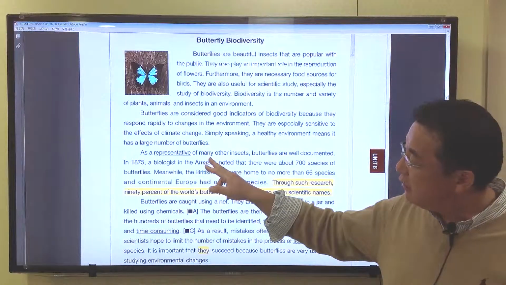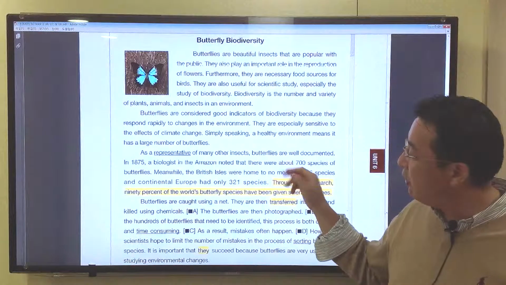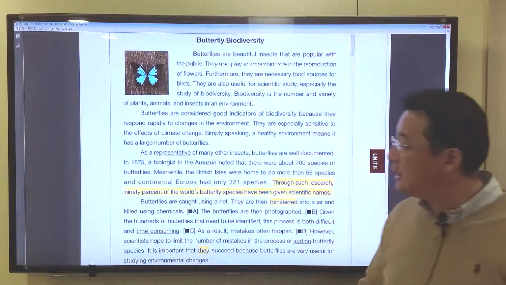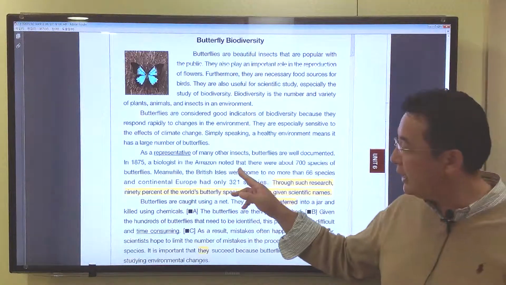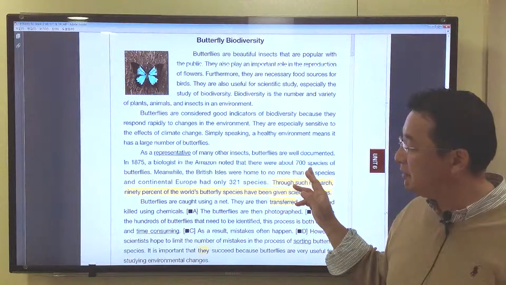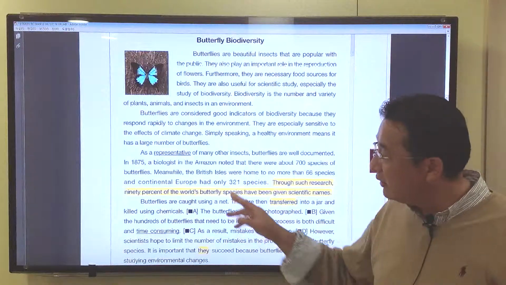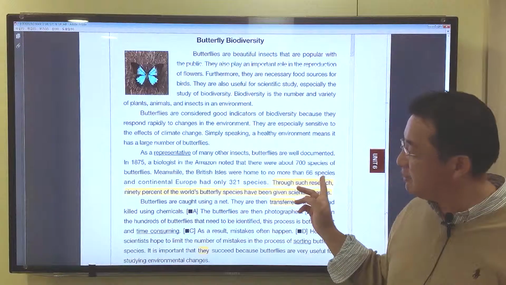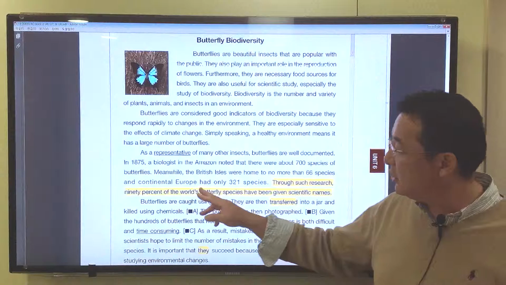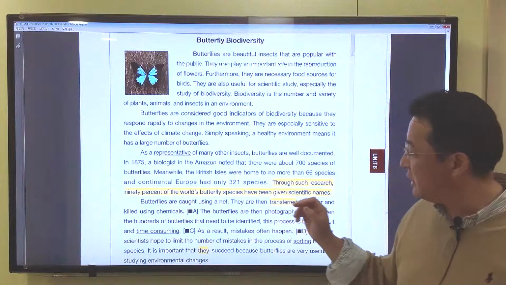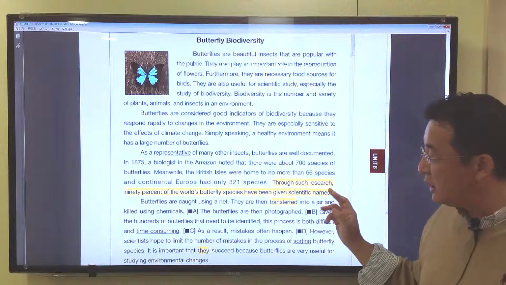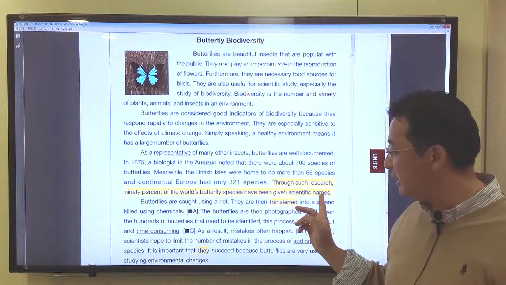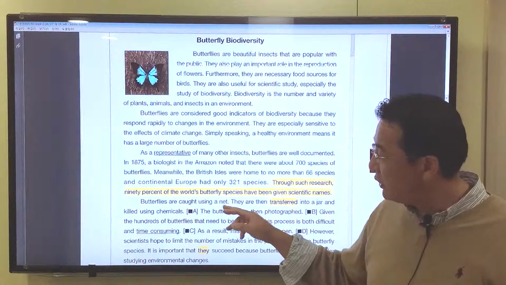As a representative of many other insects, butterflies are well documented. In 1875, a biologist in the Amazon noted that there were about 700 species of butterflies. Meanwhile, the British Isles were home to no more than 66 species, and continental Europe had only 321 species. Through such research, 90% of the world's butterfly species have been given scientific names. Butterflies are caught using a net.